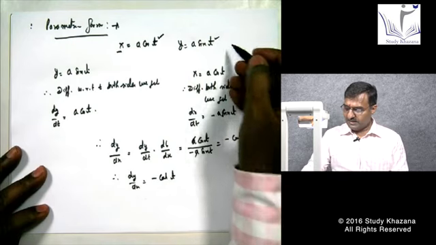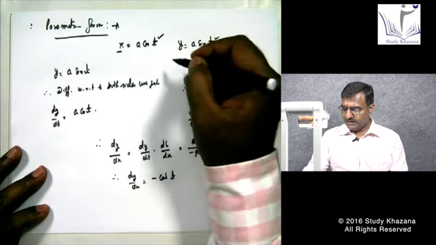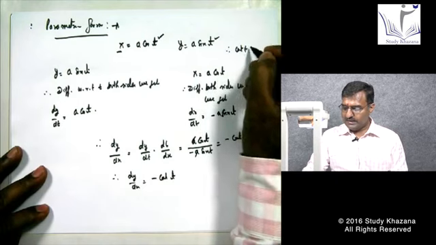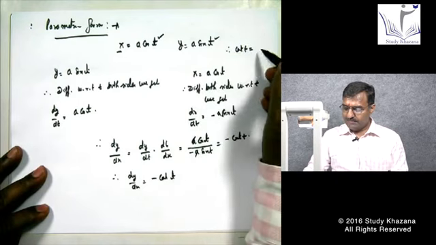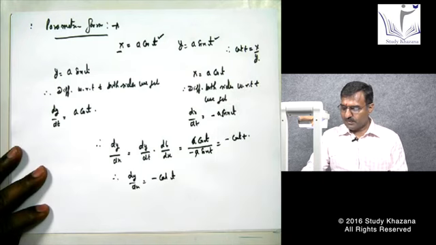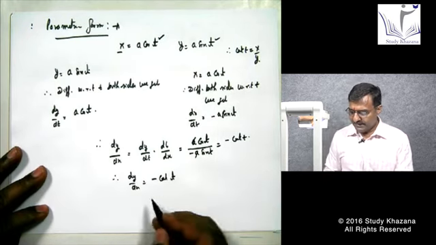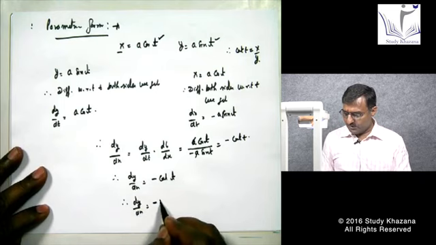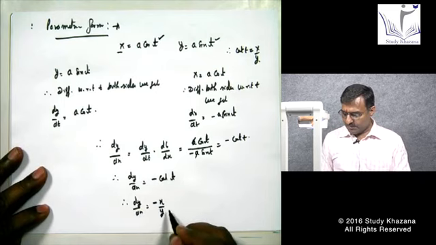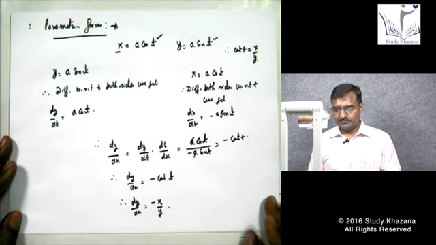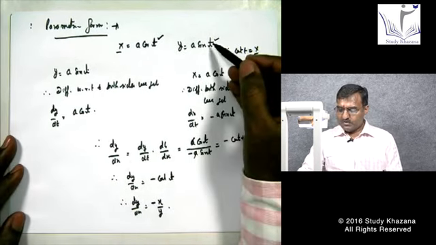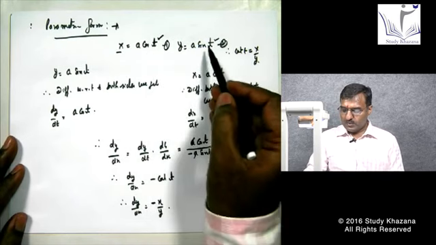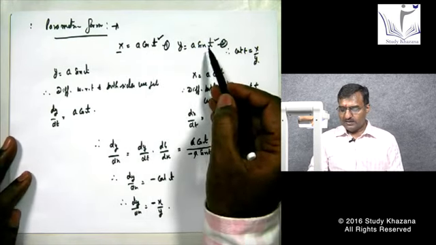Now what is cot t? From this we can see cot t is nothing but, if I divide this by this, cot t will become x upon y. Therefore dy by dx becomes minus x upon y. Cos t divided by sin t is cot t.